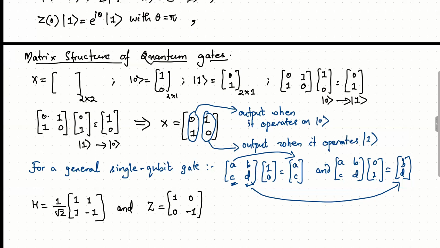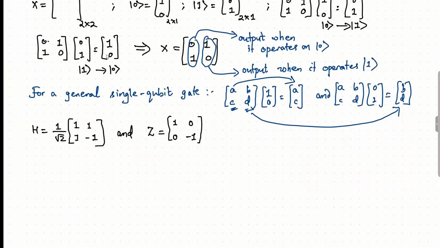If we go with the same logic, then a gate that does nothing to state 0, but changes state 1 to e to the power i theta times 1 would look something like this.